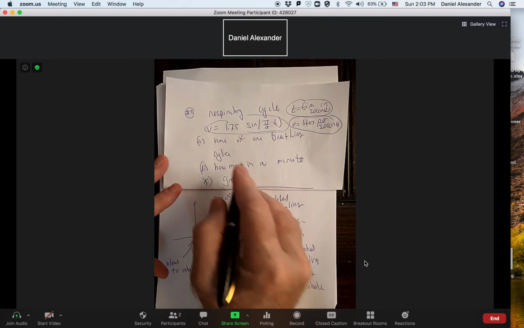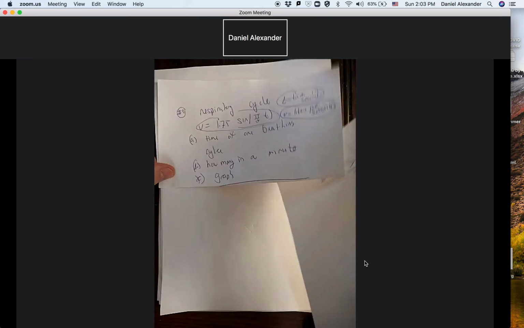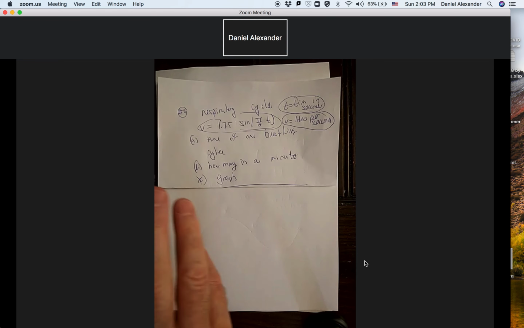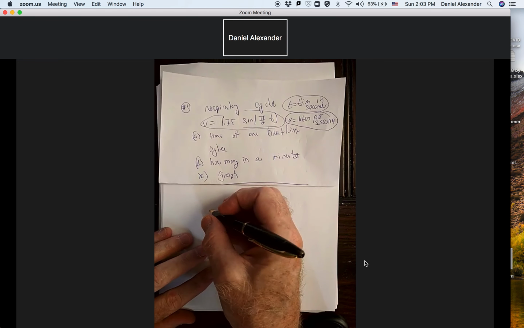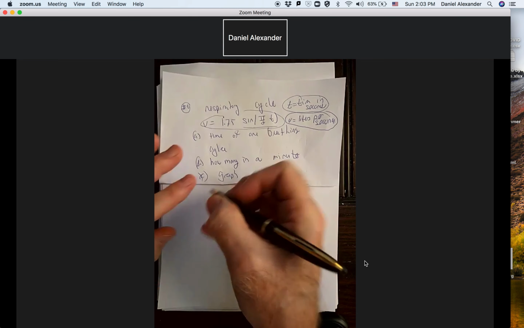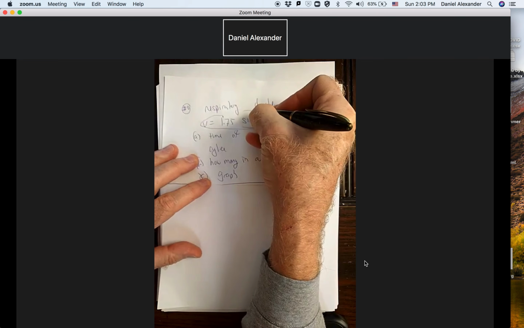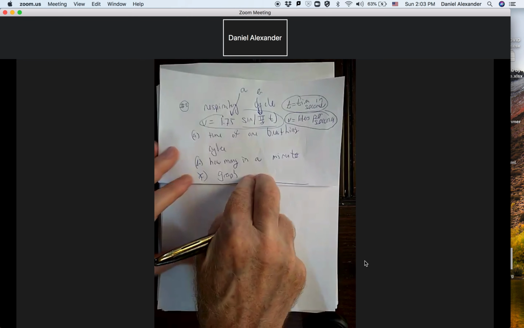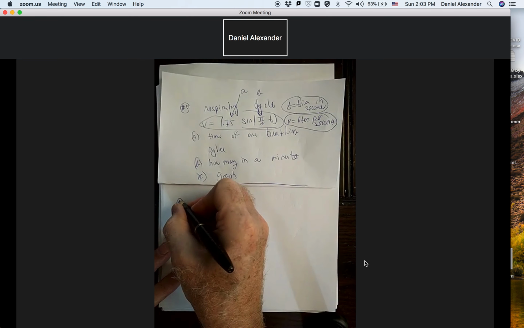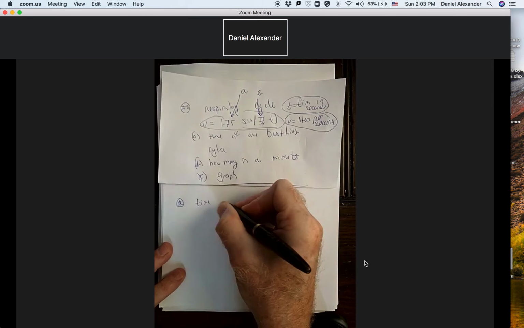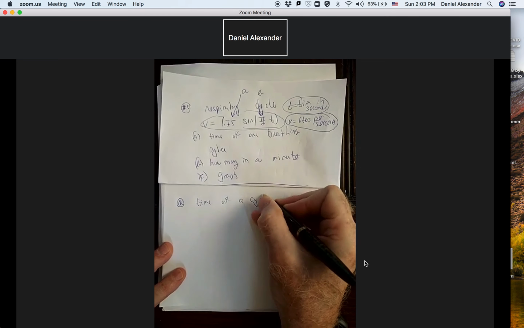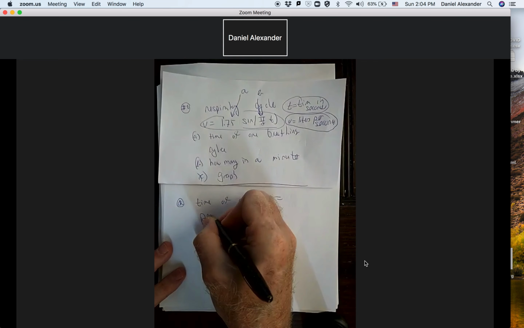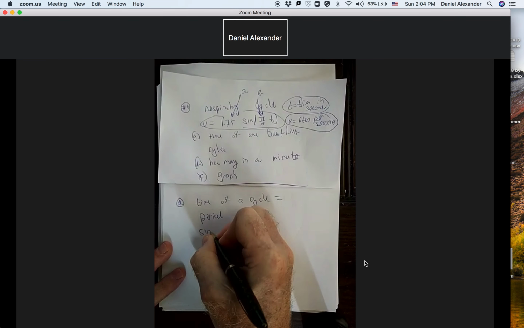So now we have some questions. The time of one breathing cycle. As on the practice problem, think about it as a period. So this is going to be that letter B. That's going to be the amplitude A. So the time of one cycle is going to be the period. And we're looking at sine of BT.